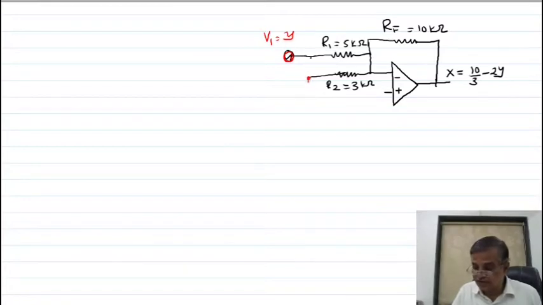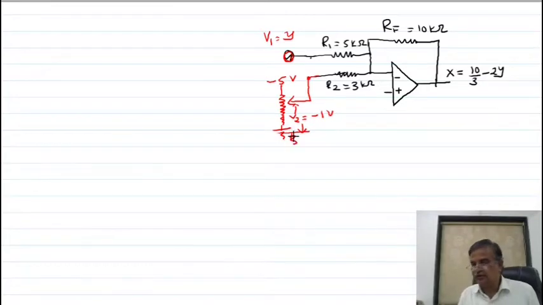You may ask, how can you give the minus 1 volt? To give minus 1 volt, I will make a potentiometric circuit. Here I will give the minus 5 volt. Here I make the ground, and this voltage V2 I will adjust to minus 1 volt with the help of the potentiometer.